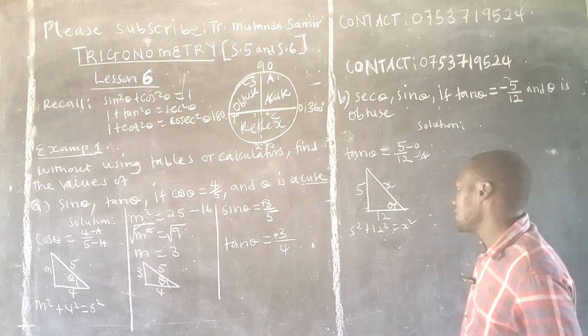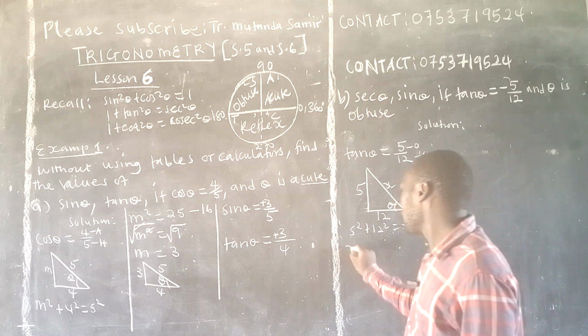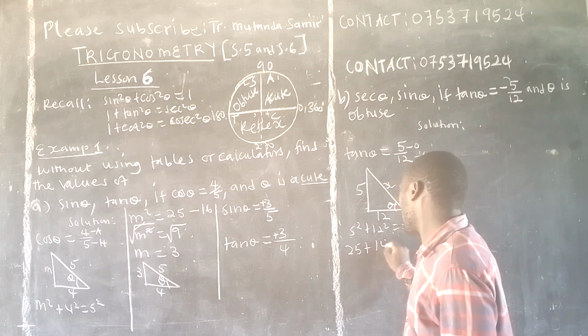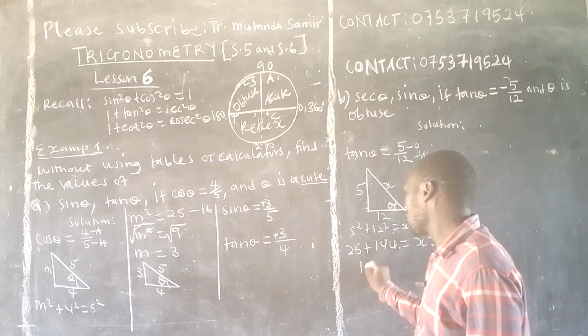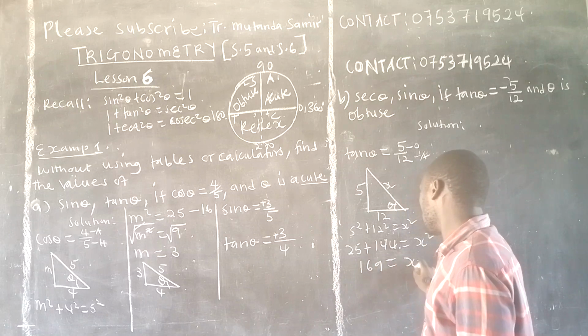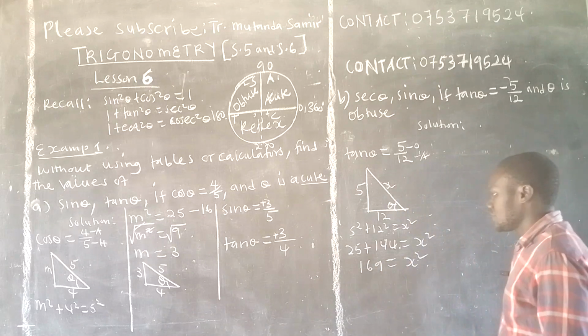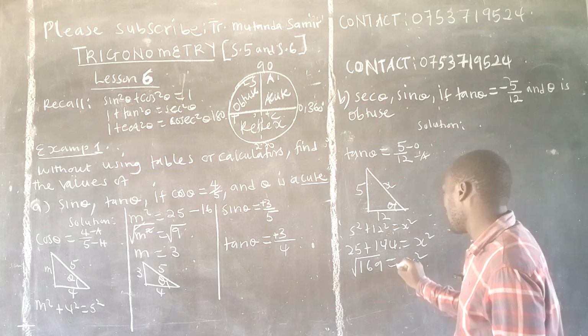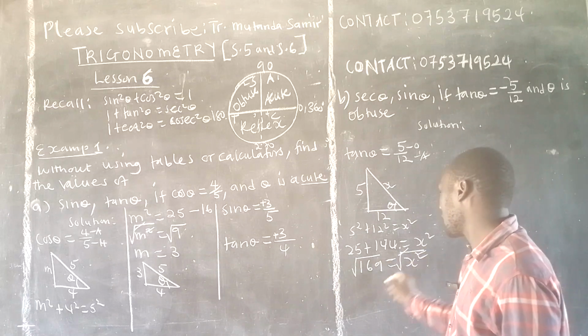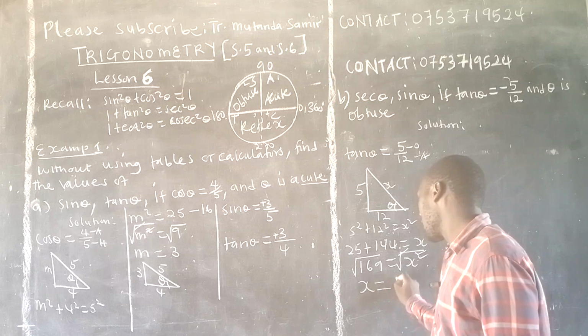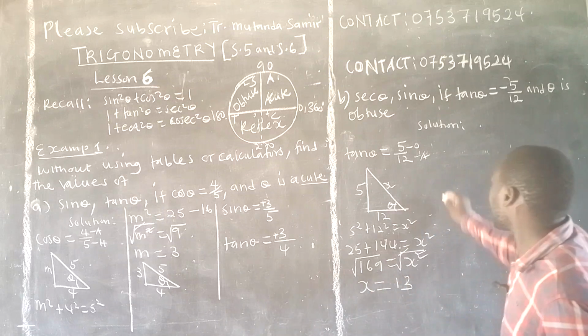All right, then what you're going to do, we shall have here 25 plus 144 is equal to x squared. When you add this plus this, you get 169 equals x squared. So introduce a square root on both sides. So finally, this cancels with that. Now your value of x will be as good as 13.